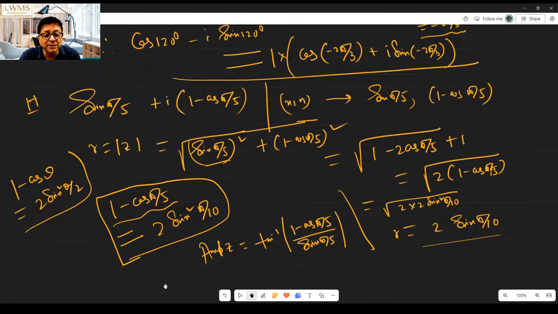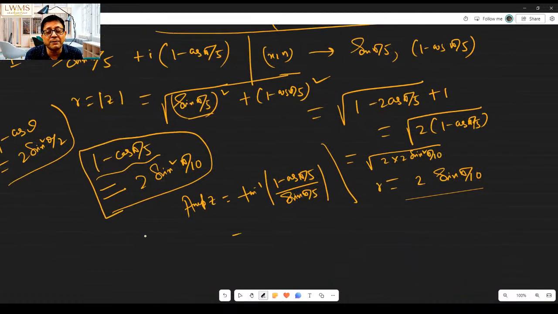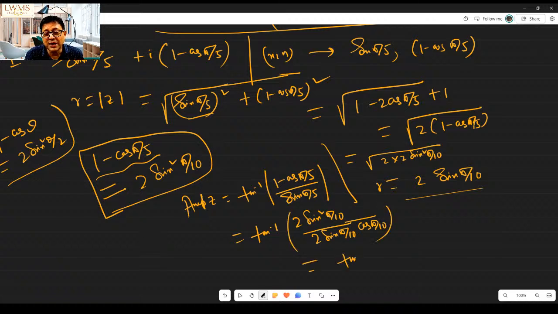Again I remind you of the multiple angle formula: 1 minus cos pi by 5 is 2 sine square pi by 10, and sine pi by 5 is 2 sine pi by 10 cos pi by 10. Isn't it? So this is tan inverse tan pi by 10. Answer is pi by 10.